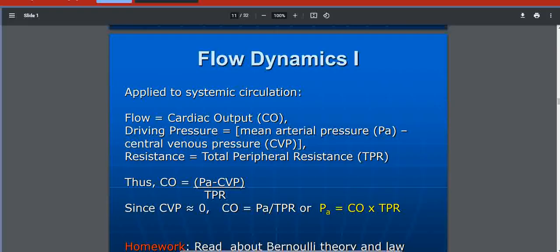So for instance, for us to get the central venous pressure, which is equivalent to zero, or O, we're going to denote that one as zero. So since the central venous pressure is zero, the cardiac output will now be the mean arterial pressure over the resistance, or we can use that to form the final formula that will give us the mean arterial pressure: mean arterial pressure is equivalent to cardiac output multiplied by the resistance.